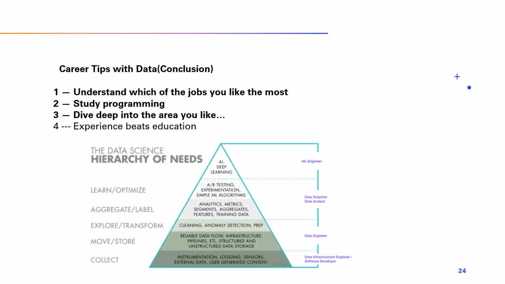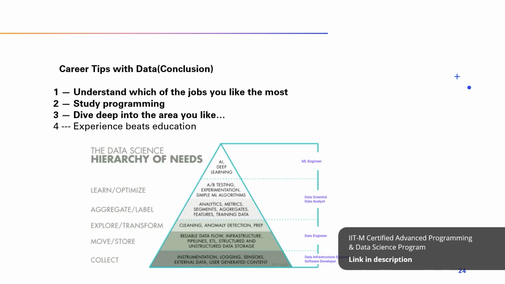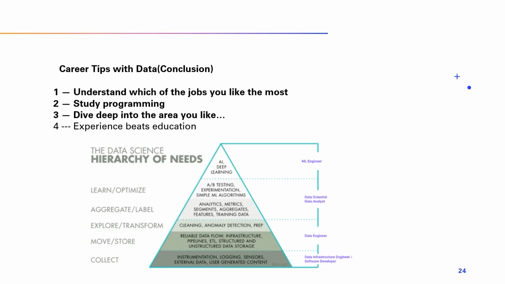So here you can see an interesting pyramid of data science needs. As I told you, as a data scientist, you'll have to be first a good data engineer. Only then can you become a good data scientist, because as a data scientist you should know how to collect data, how to move and store data, good quality data, explore and transform data. Only then would you be able to pull meaningful insights from the data.